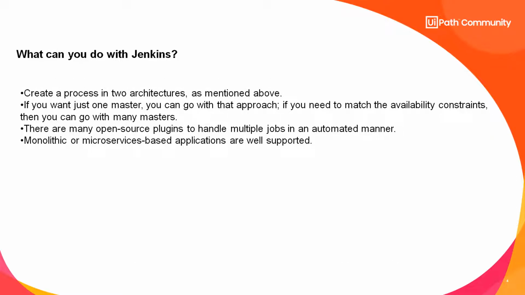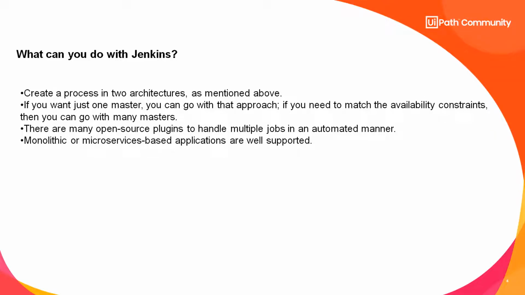Now, what can we do with Jenkins? So as I said, this is a CI/CD pipeline process where we can set up the process with architectures like the ones mentioned above. We have master and slave. By using these two architectures, we can set up the process where the auto deployment will be done.